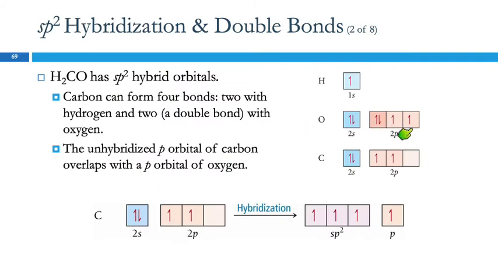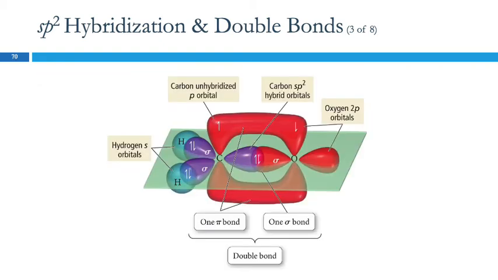Oxygen has 2 p orbitals that are half-filled. So those can overlap. So here's one of oxygen's p orbitals. That's going to overlap with this hybrid orbital. And another of its orbitals is straight up and down. This is half-filled, and this orbital over here is half-filled.